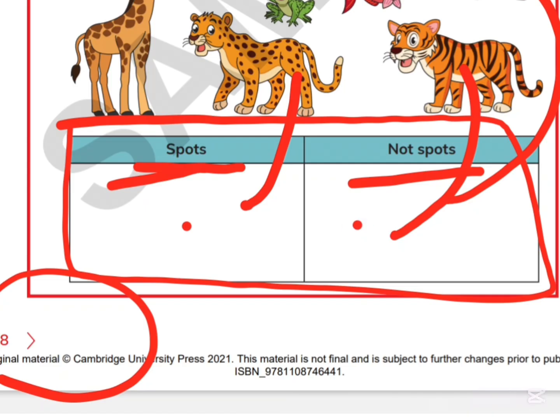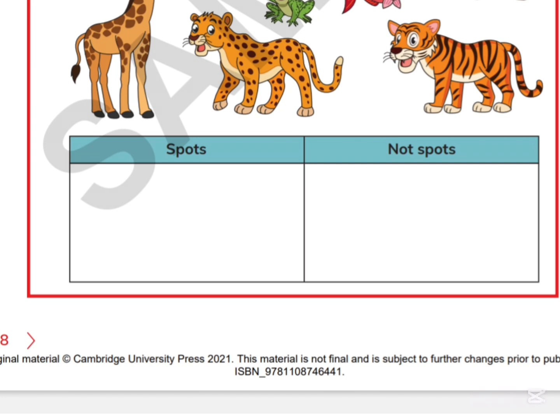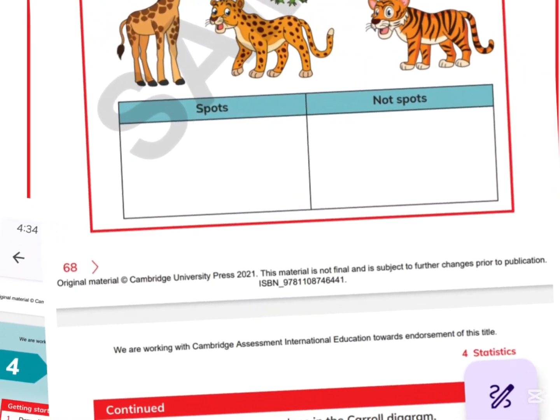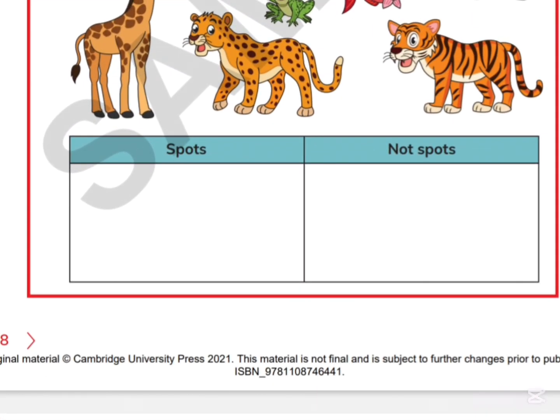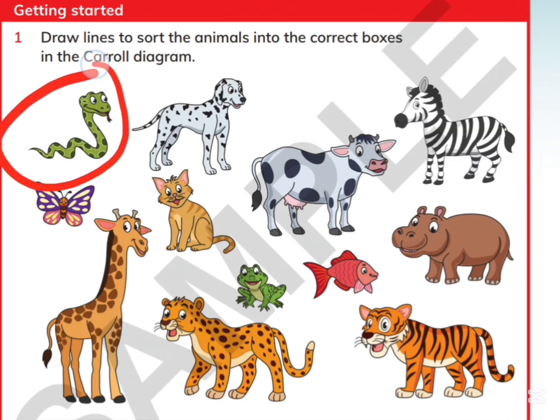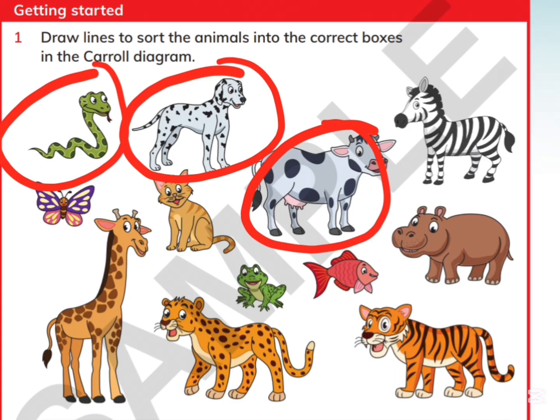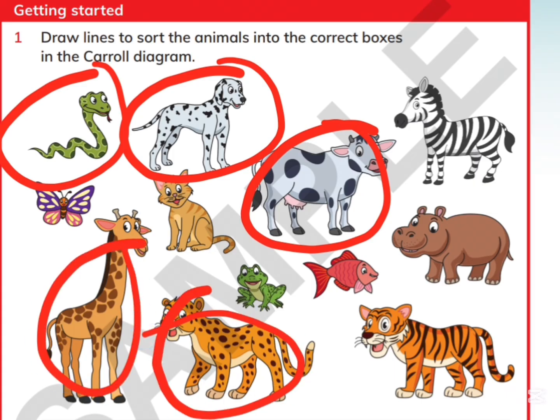Okay, now I am underlining here, we just have to write how many have spots. It has spots, it has spots, it has spots, it has spots, it has spots, it also has spots.